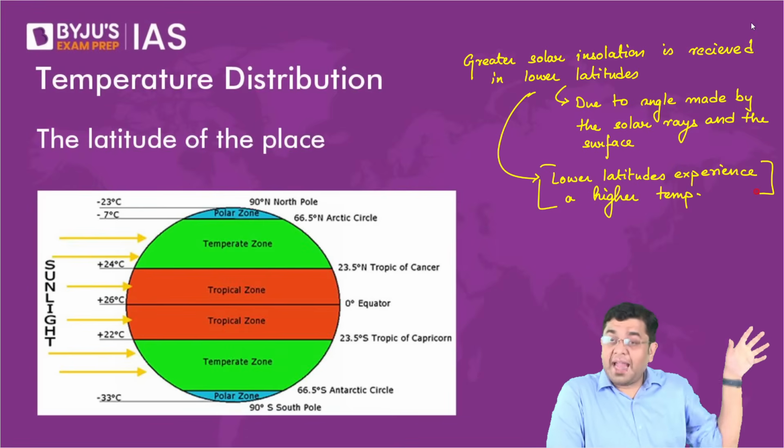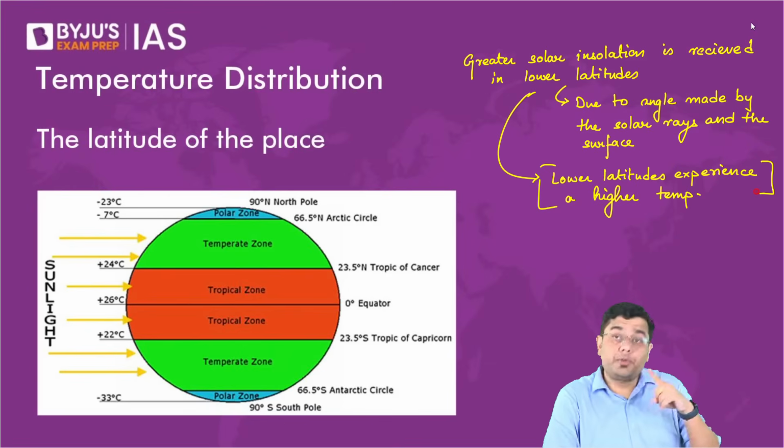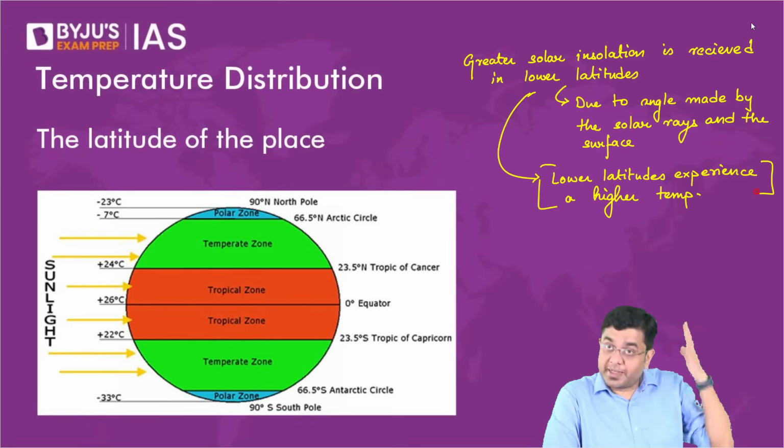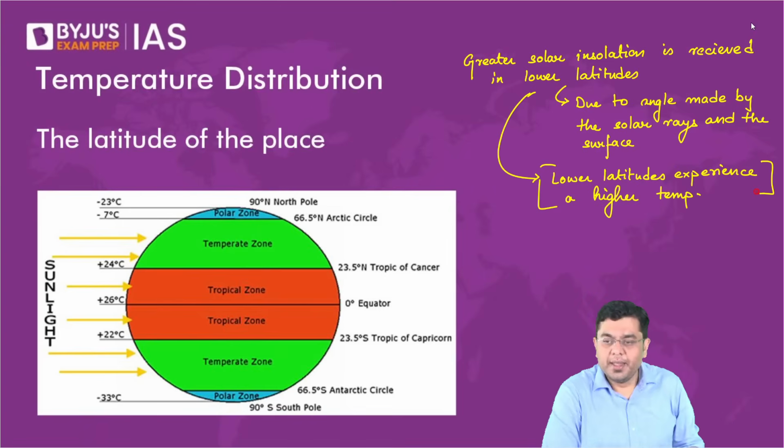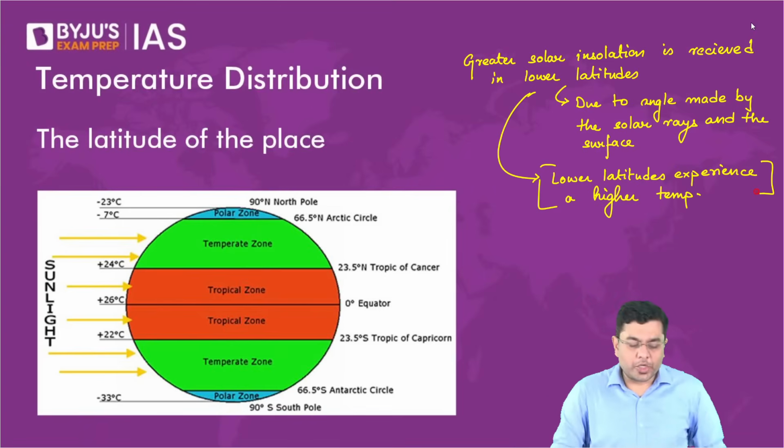So there, the angle made by the solar rays is very small, and also the power of the solar insolation is not going to be very high. But if you talk about the same solar rays at 1 or 2 in the afternoon, then it will have a much greater heating effect. Why? Because it is falling very directly. So that is why there is a substantial amount of reduction of temperature.